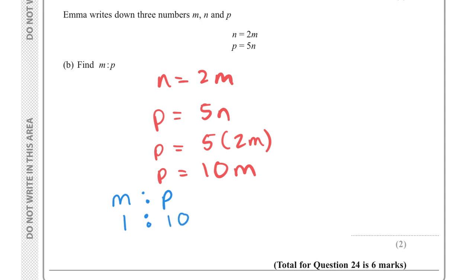Essentially, P is bigger than M, 10 times. So that's why the 10 is there and the 1 is there. That's the only bit that gets a little bit confusing, and even I find it a little bit confusing in my brain to visualise. But that's it. Right, 1 to 10.